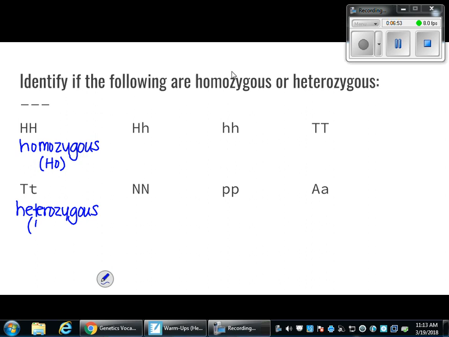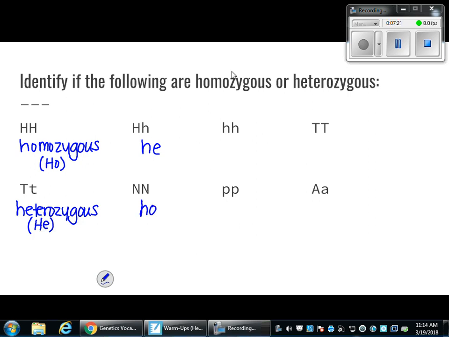You might be noticing, hey, they're always the same letter. We use a letter to represent each gene, and since alleles are different forms of a gene, it's always going to be the same letter next to each other. It's just whether they're both capital or small. Capital H, little h, those are different. They're not both capital, they're both small, so we would say that this one is heterozygous. Capital N, those are the same, homozygous.